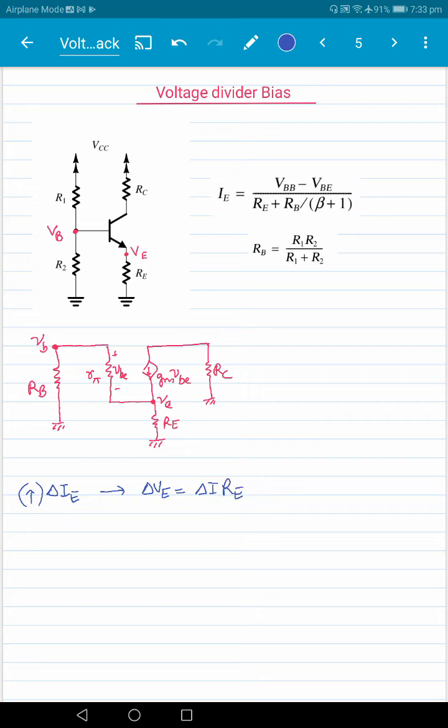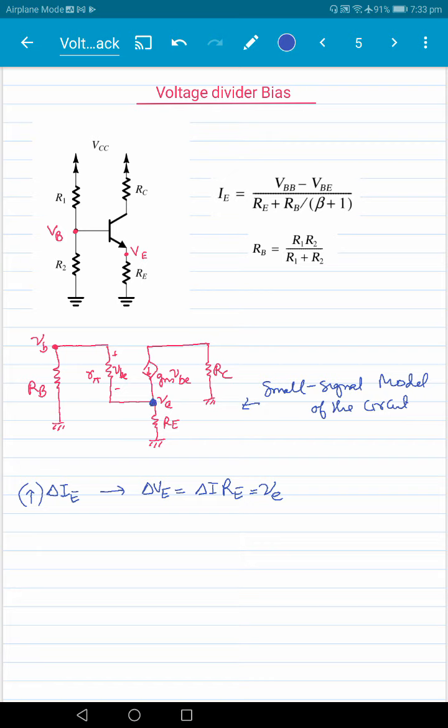And we can call this a small signal emitter voltage here. Now this small signal emitter voltage, we have built a small signal model here, the well-known small signal model of the circuit, to look at changes, right? Small signal model of the circuit is given here. And so this is where the change in delta VE is here.